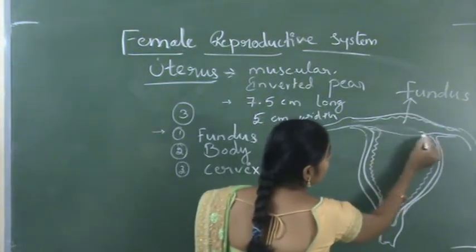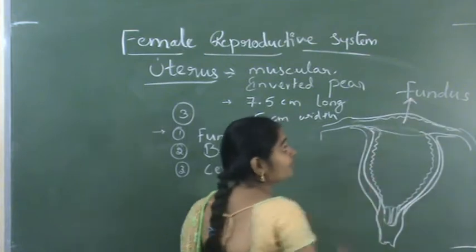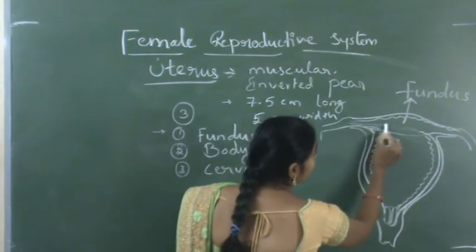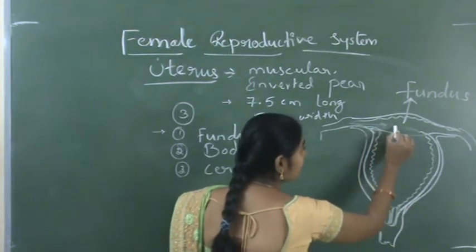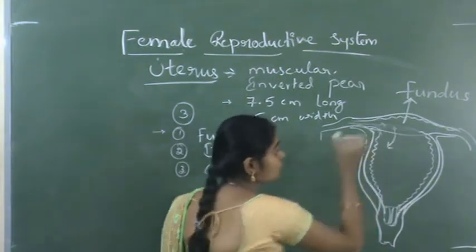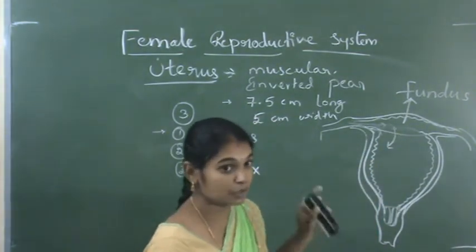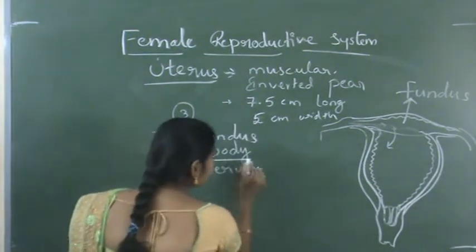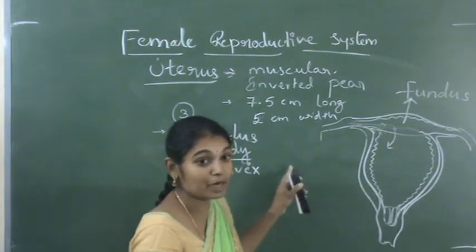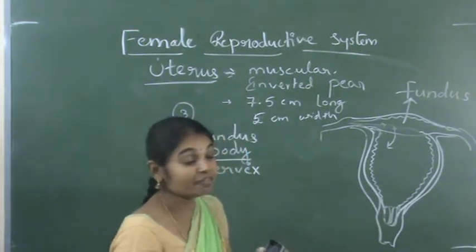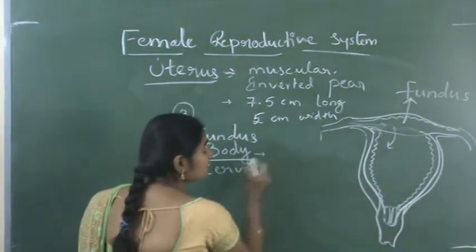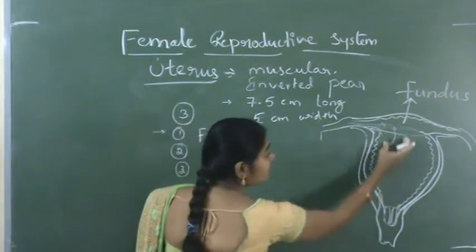The fundus is a dome shaped structure, and here the zygote undergoes cleavages. It first comes into the fundus region, then from the fundus it enters the body of the uterus. The body is the main, middle part, and it is inverted pear shaped.